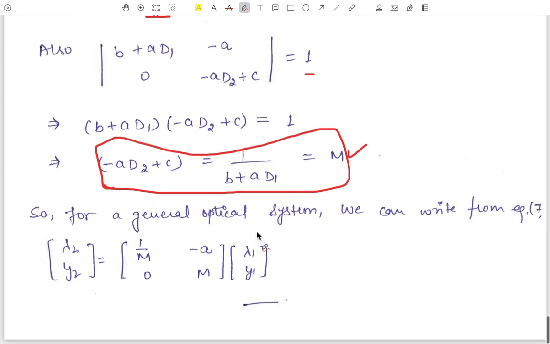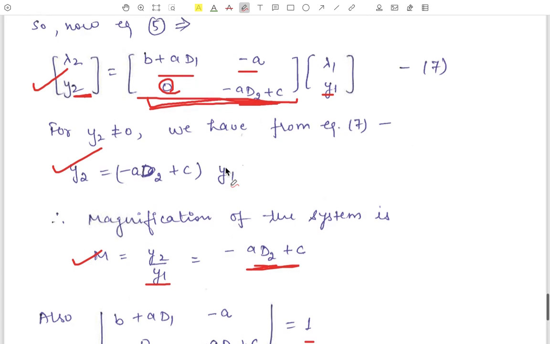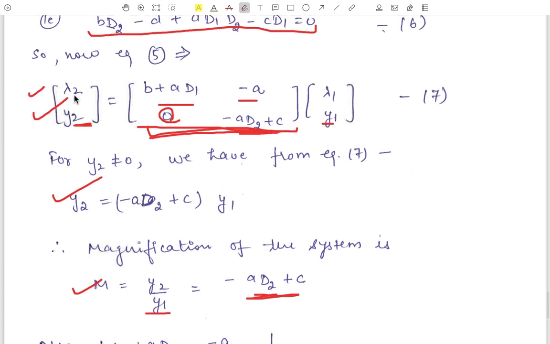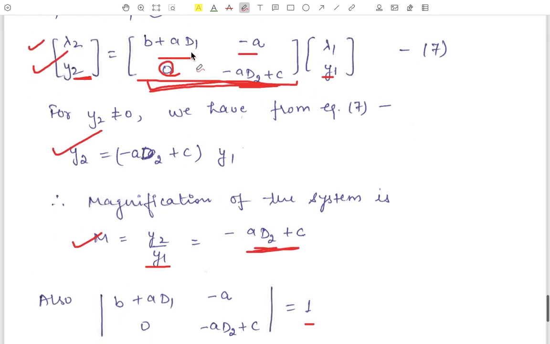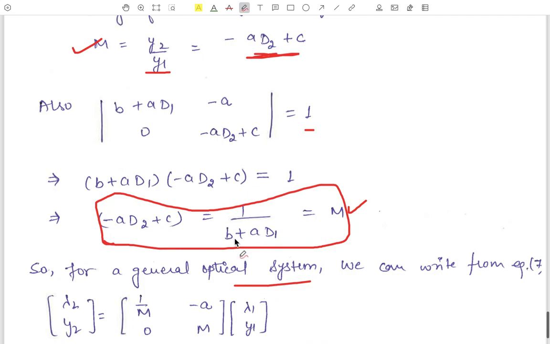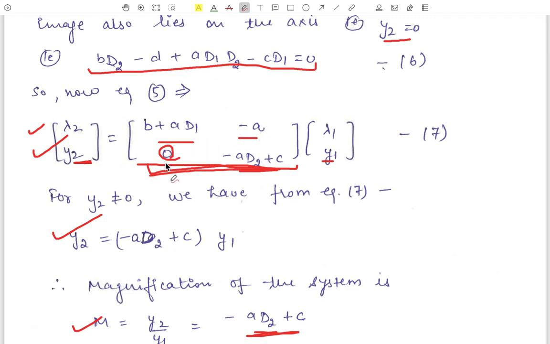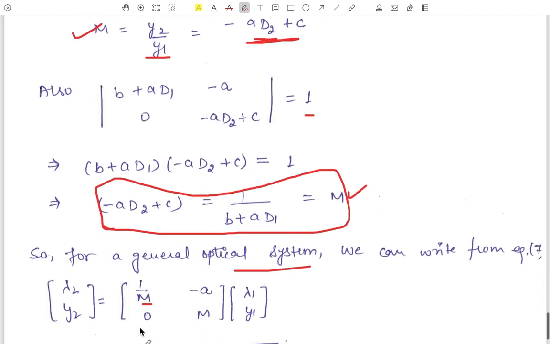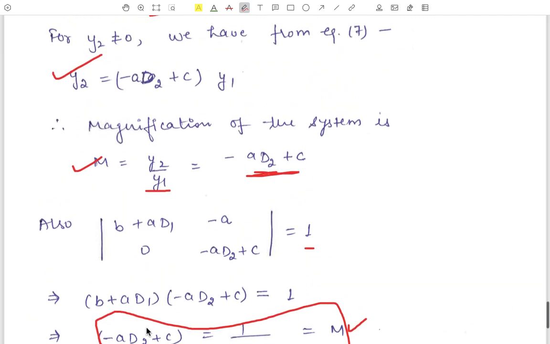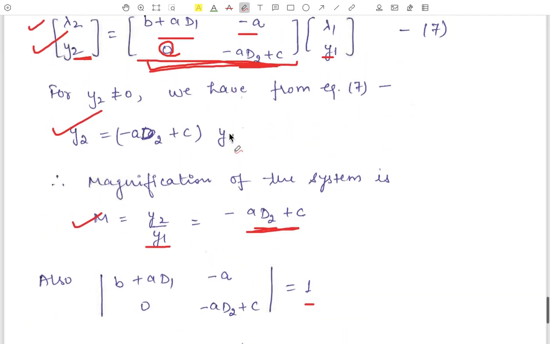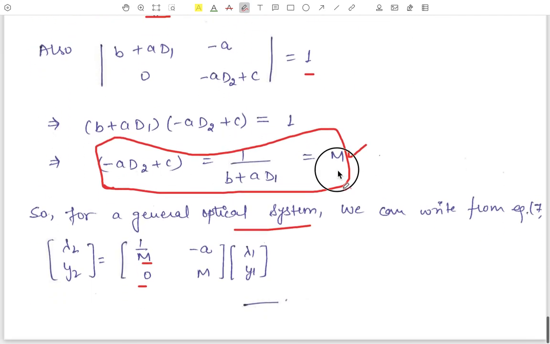Okay? For a general optical system we can write this equation number 7 as lambda 2 y2 is equal to this matrix into lambda 1 y1, but here this B plus A D1 from this equation is equal to 1 upon m, therefore 1 upon m, minus A as it is, 0 as it is, and instead of this term minus A D2 plus C we can write m.